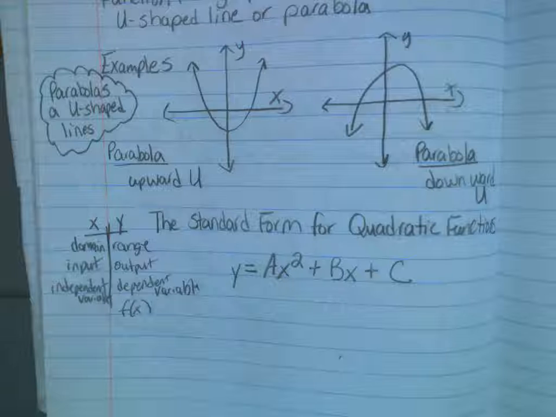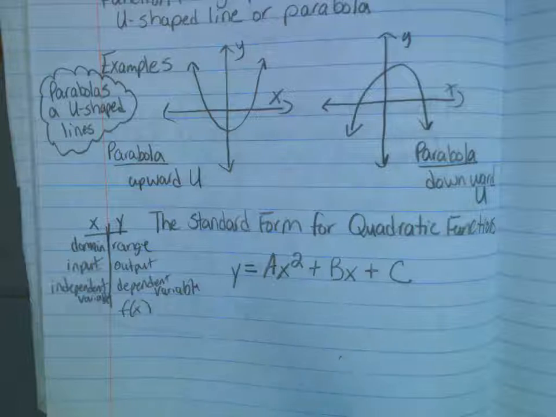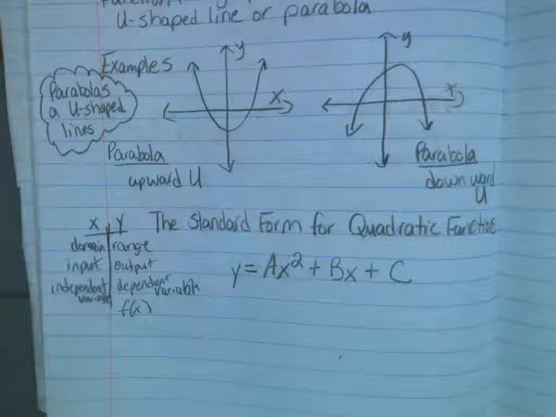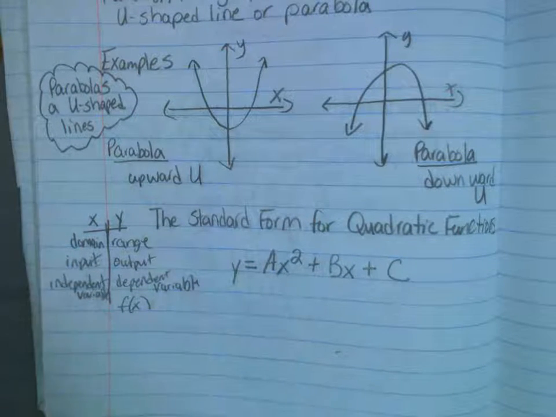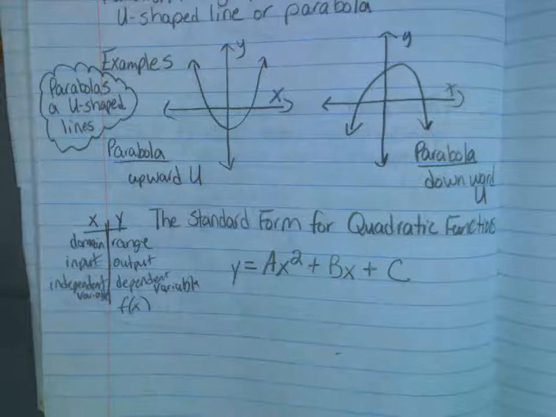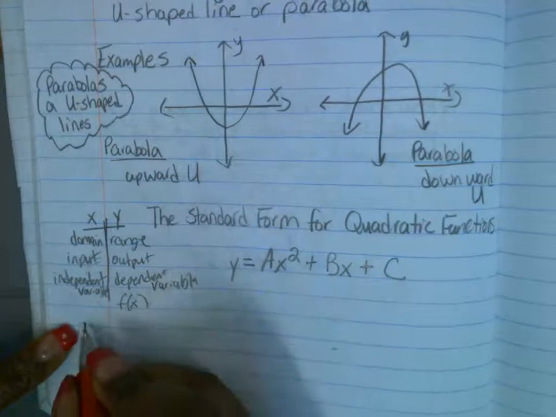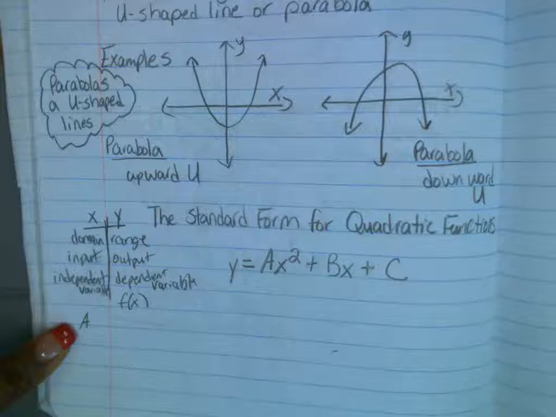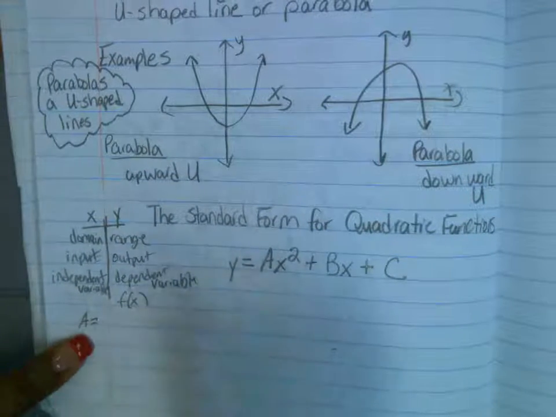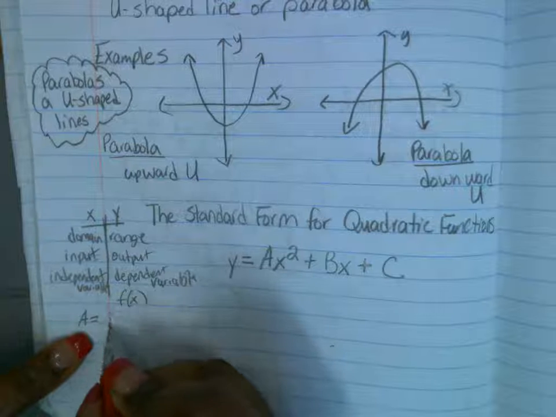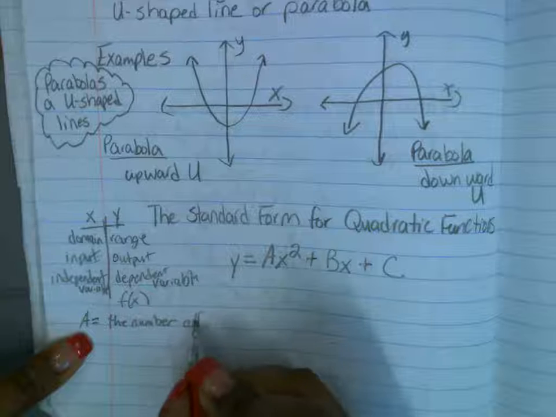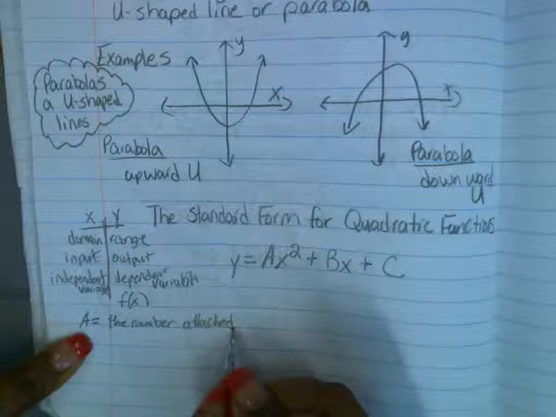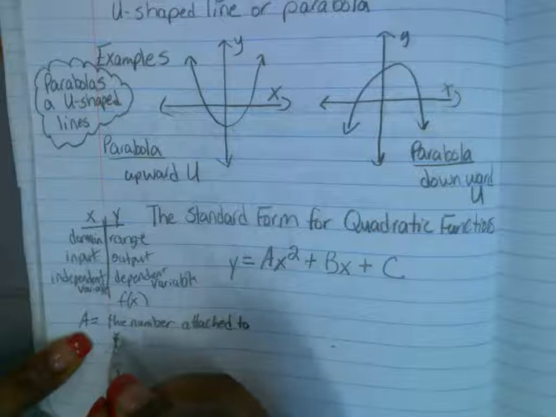Okay. All right, so now let's break down what the a, the b, and the c mean in a quadratic equation, what those numbers mean, because a, b, and c are all numbers. All right, let's talk about the number a and the meaning of that. a is the number that is attached to x squared.